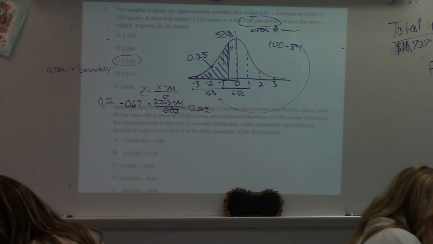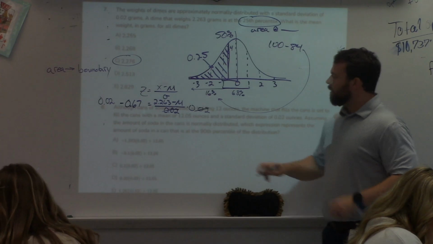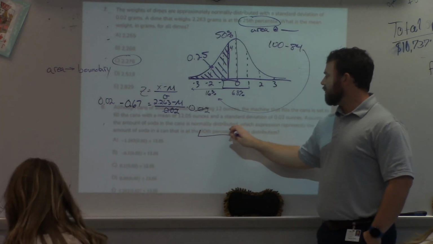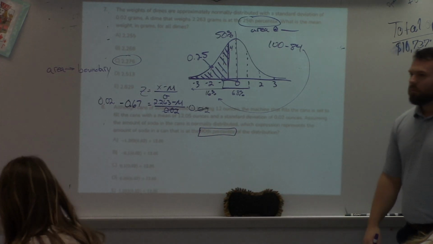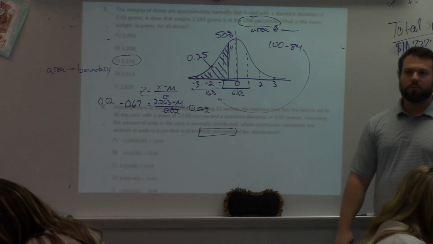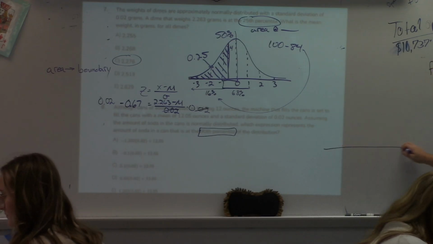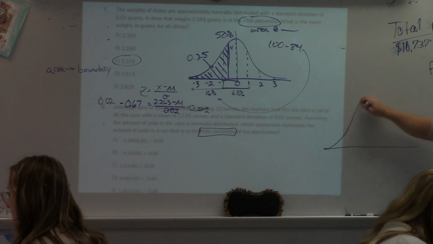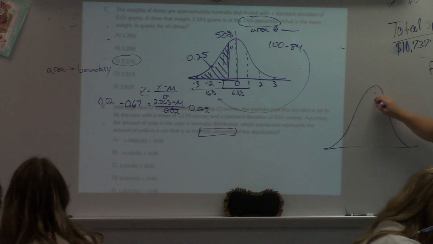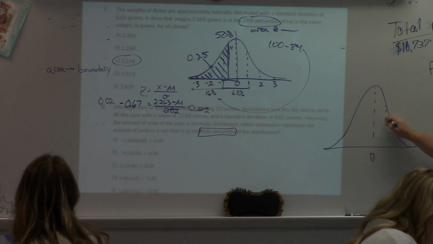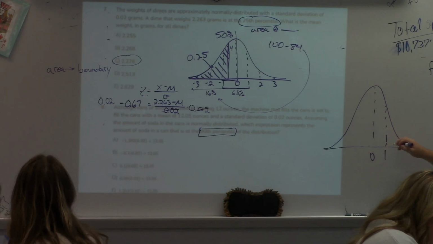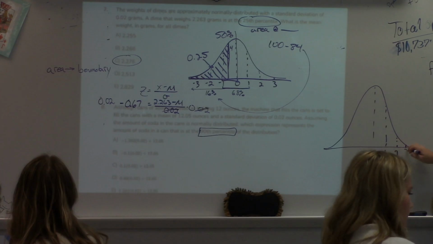Notice with number 8, it's a very similar idea. We have what percentile? The 90th. Thinking through my empirical rule, where would the 90th percentile be? Between 1 and 2.